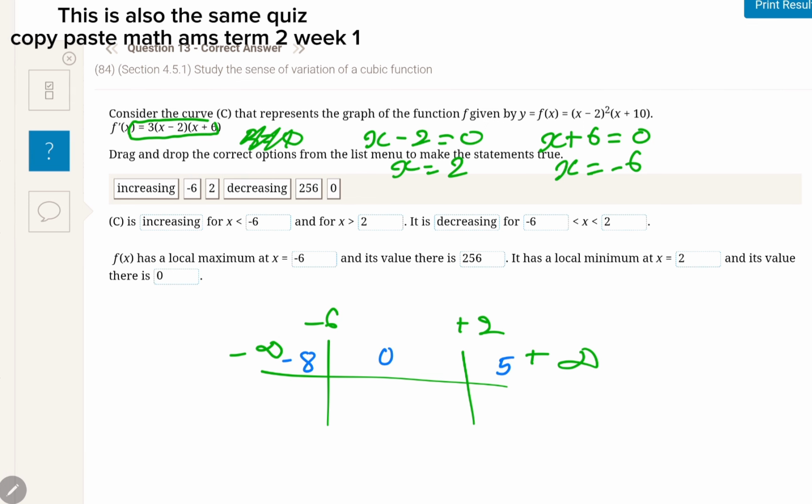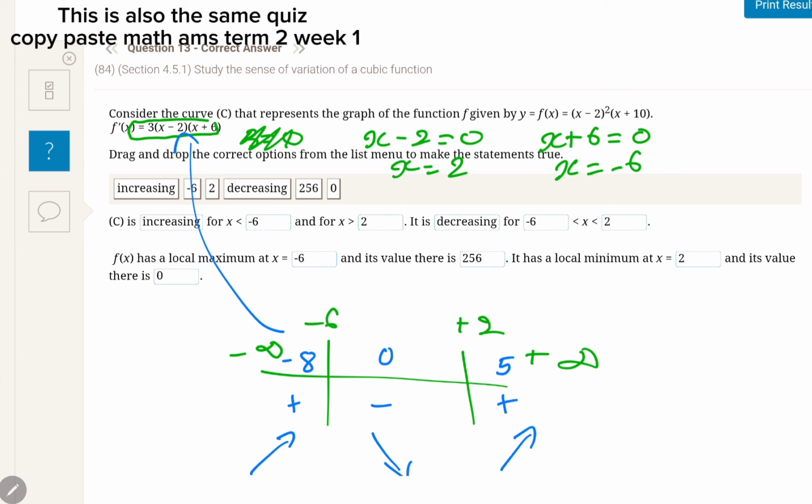So 3 times minus 8 minus 2 times minus 8 plus 6 would give me a positive answer. If I put 0 instead of minus 8, this would give me a negative answer. And if I put 5 instead of 0, I would get a positive answer. So it's increasing, decreasing, increasing.